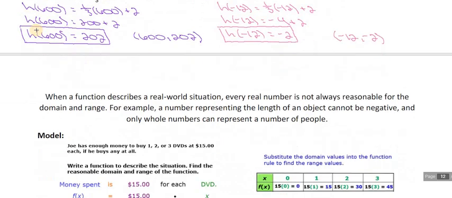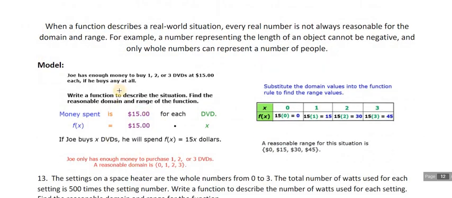And finally here, to wrap things up, we're going to bring in a real-life situation. Sometimes when we're dealing with real-world situations, we can't necessarily use every real number as a reasonable domain and range. For example, when we're talking about numbers of people, numbers of DVDs, things like that, it's only going to be whole numbers.